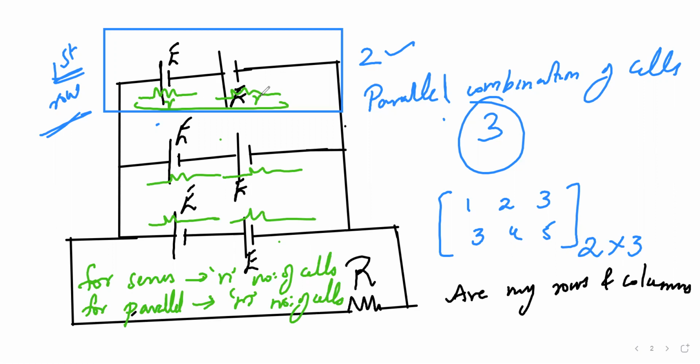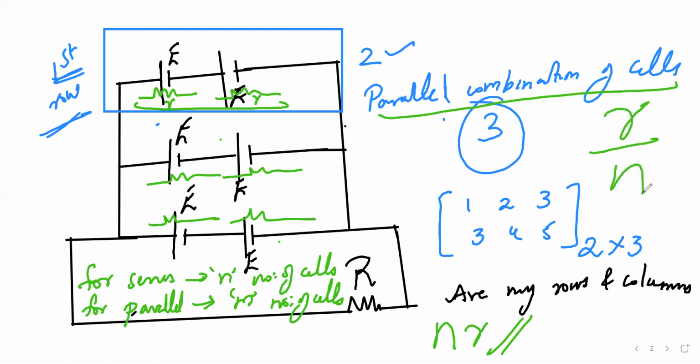So what is my series resistance in the first row? It is NR. Do you agree with me? But in the parallel combination of cells, when we discussed only parallel combination of cells, we took it as R by N. Did you take it as R by N in only the parallel combination of cells?